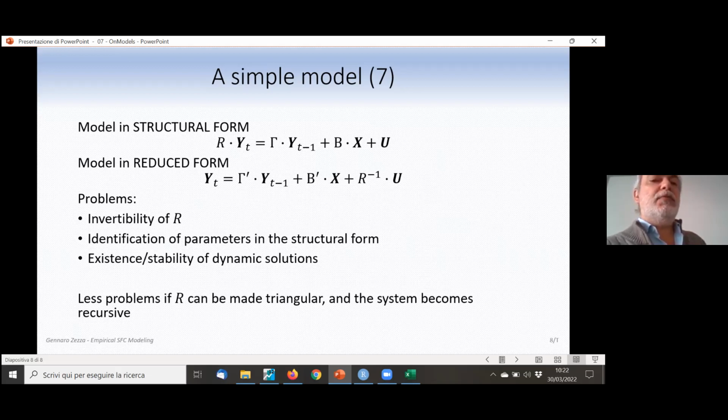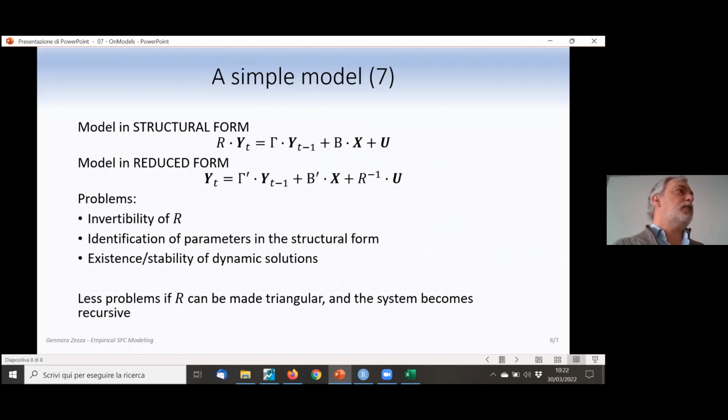And many macroeconomists abandoned the standard Keynesian approach of the structural form to adopt VARs. But then they realized that in the VAR, you have this problem of identification, and therefore you cannot estimate the contemporaneous link among your variables.